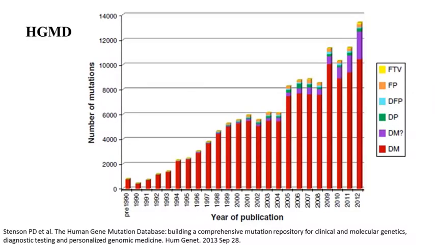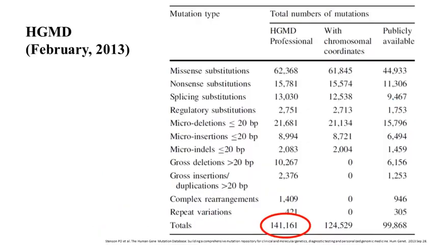As this figure shows, the number of mutations published each year has been on a steep rise. Collectively, as of February 2013, there are over 140,000 human gene mutations in HGMD, including 60,000 missense substitutions, 15,000 nonsense substitutions, 13,000 splicing substitutions, and so on.